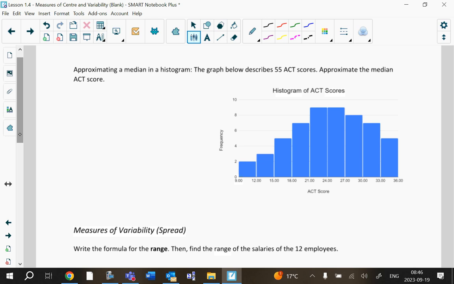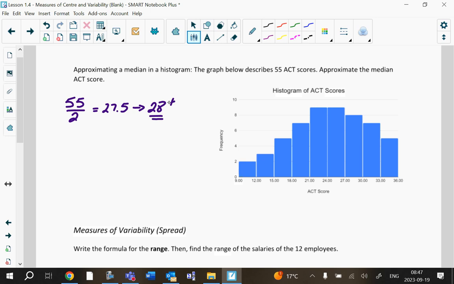How do we find that again? So 55 divided by 2 gives us 27.5, and then we bump it up by 1. So it's the 28th position that will be the middle number in the data.